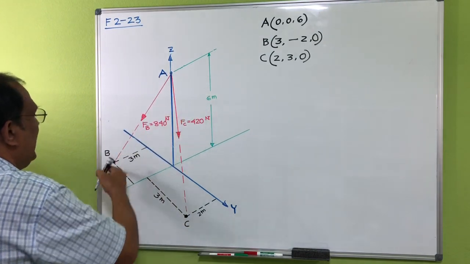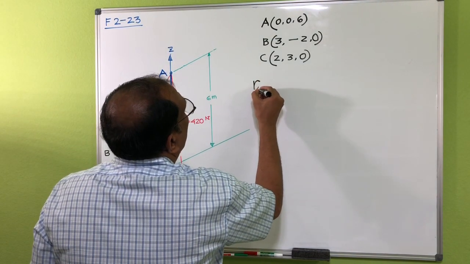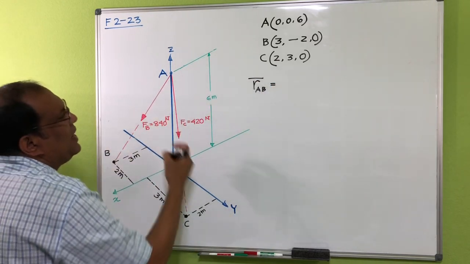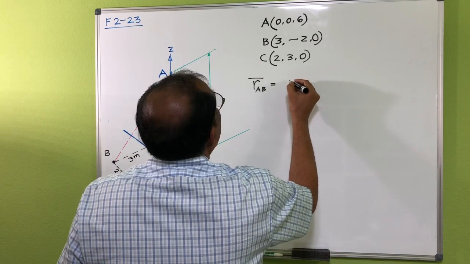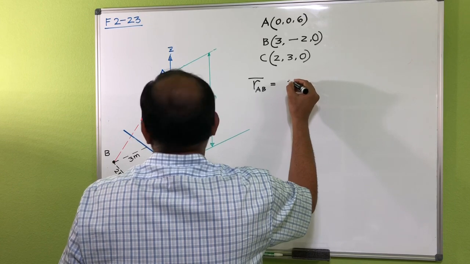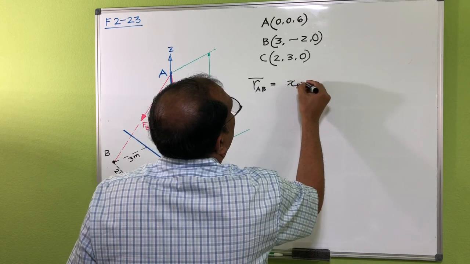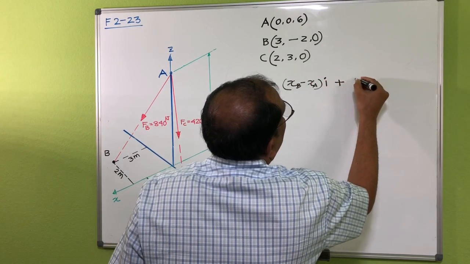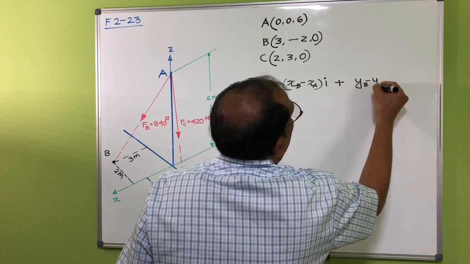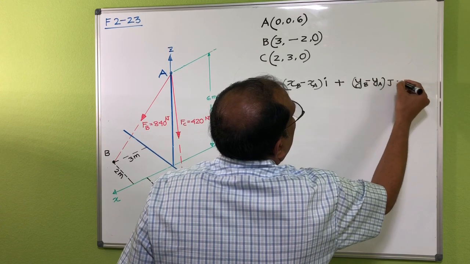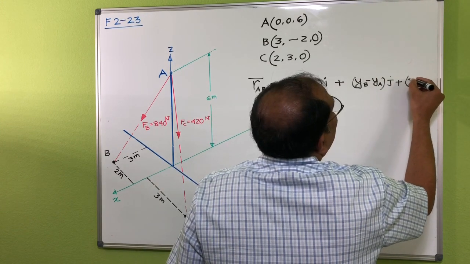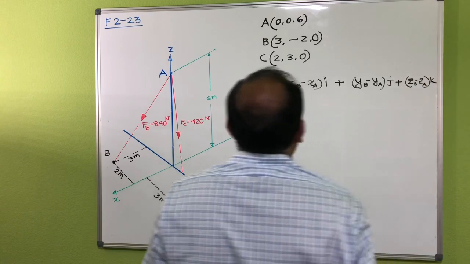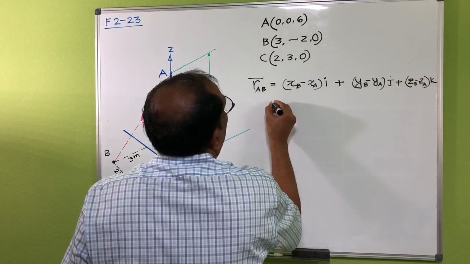For A to B, the position vector from A to B would be B minus A. You can remember that formula: xb minus xa i, plus yb minus ya j, plus zb minus za k.